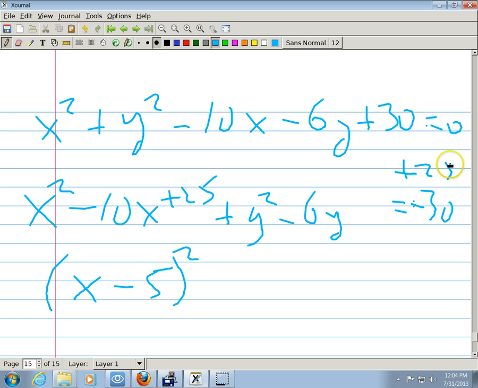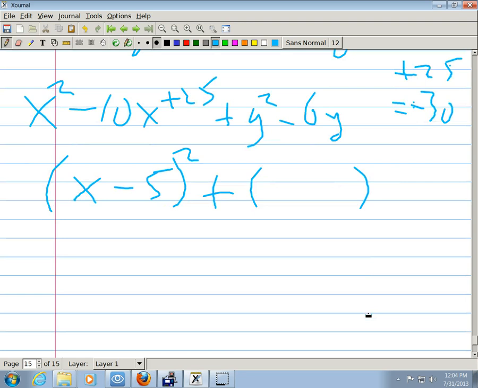All right, so what are you going to do with the y's? Same idea. Plus what squared? Y minus 3. You take the negative 6, divide the negative 6 by 2, and you get negative 3. So y minus 3. But when you square that out, what do you get over here?